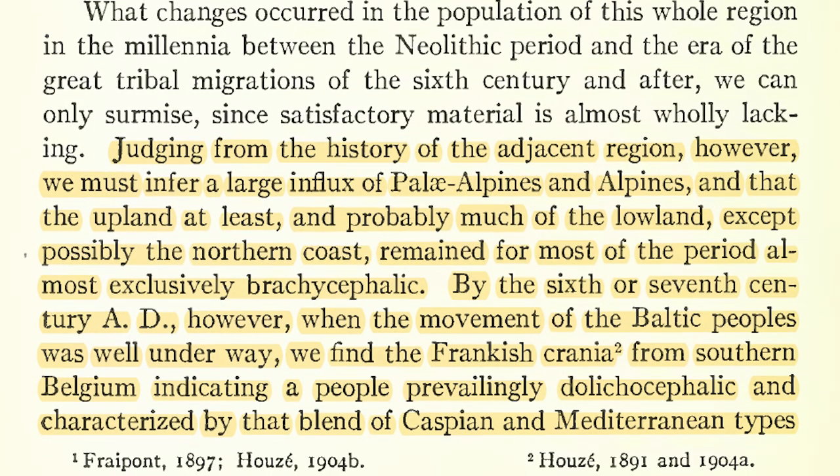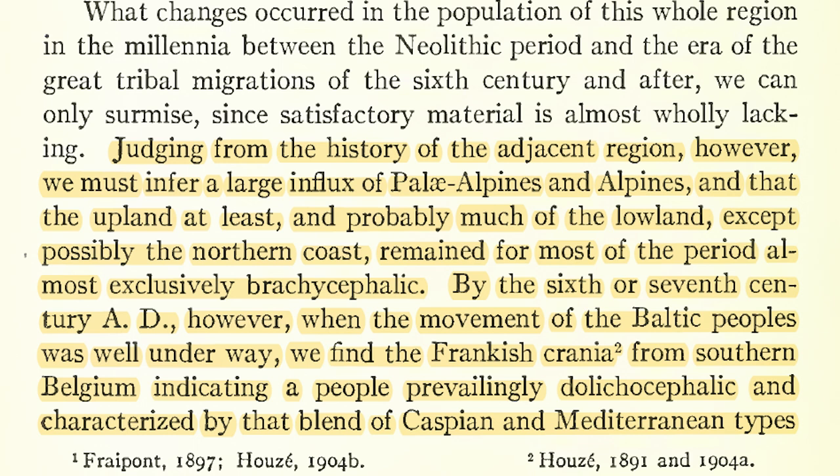So the bottom highlighted portion of page 60 reads, judging from the history of the adjacent region, however, we must infer a large influx of Palealpines and Alpines, and that the upland at least, and probably much of the lowland except possibly the northern coast, remained for the most part of the period almost exclusively brachycephalic.